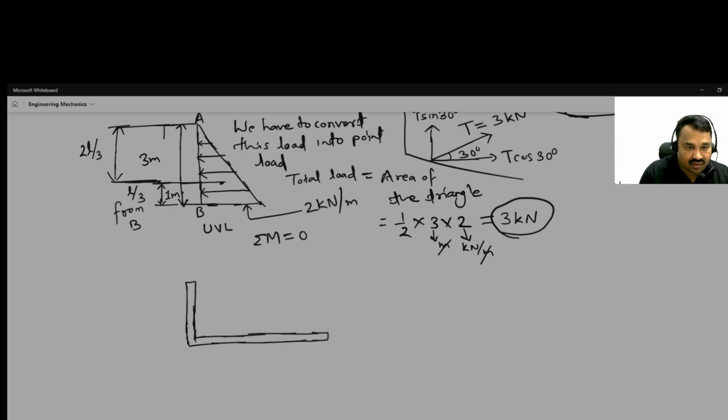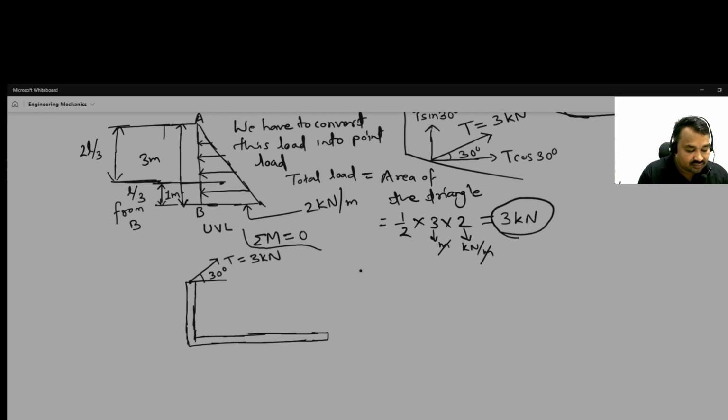Okay, and this is subjected to T and it is equal to 3 kilonewton, and it is inclined with 30 degree.